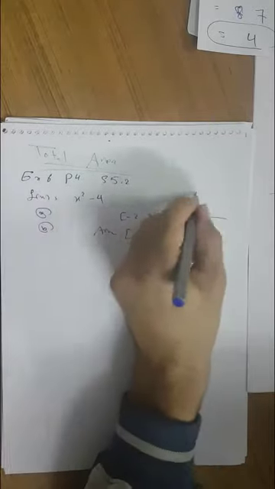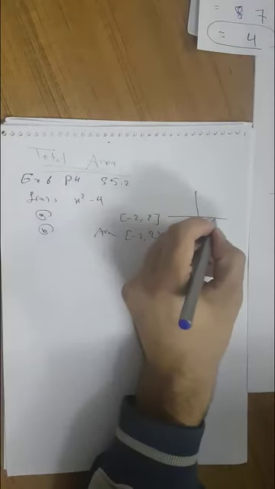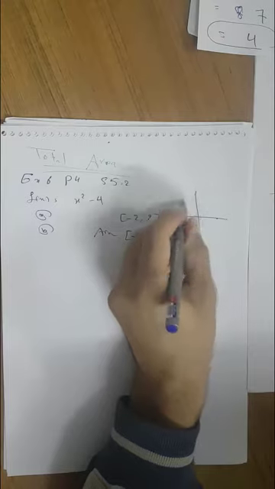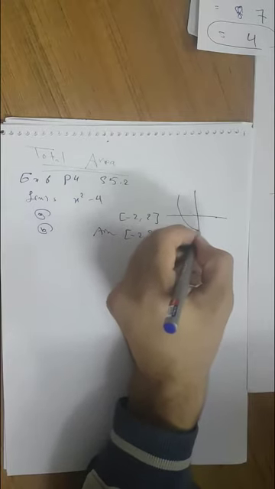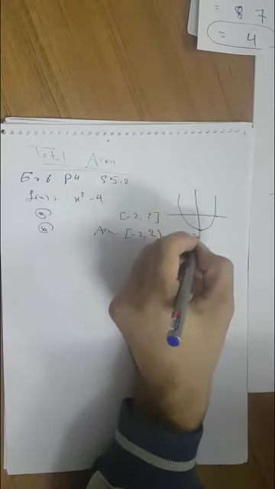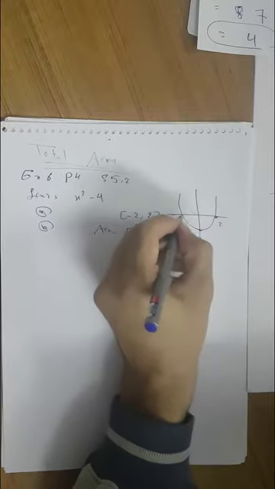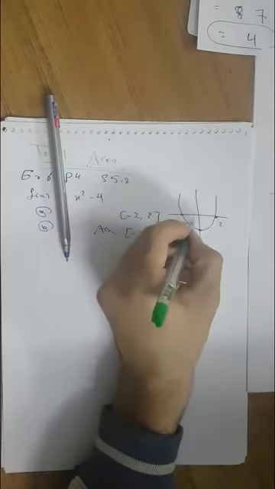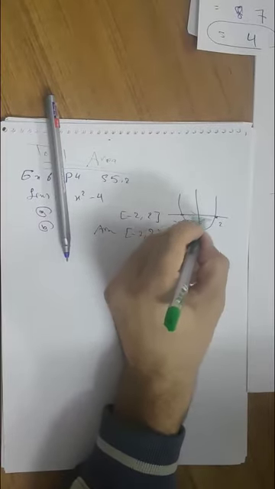First of all, let me do x squared minus 4. So here's x squared minus 4, right? It means that here is minus 4, and we have 2 and minus 2 here. So he says find the area of here in this region, all of them.